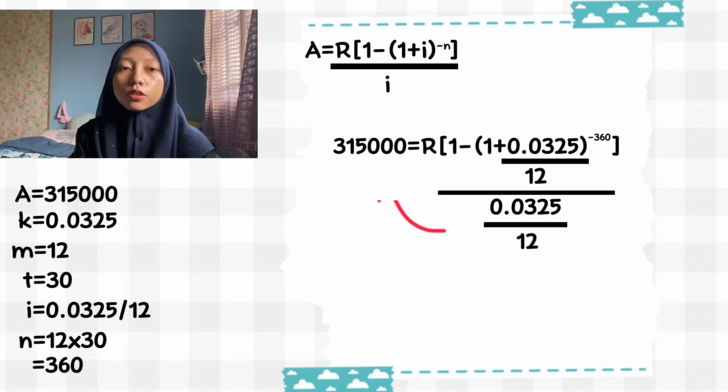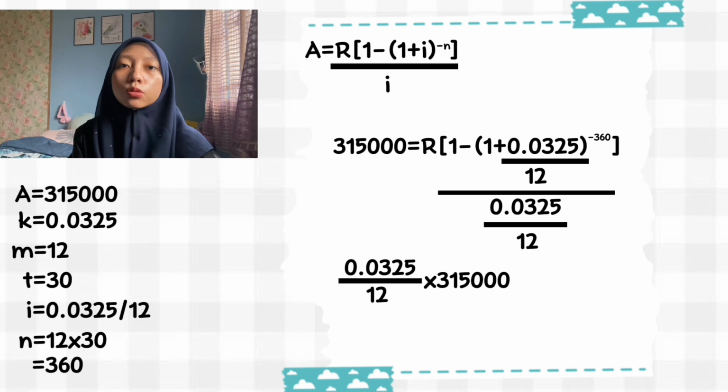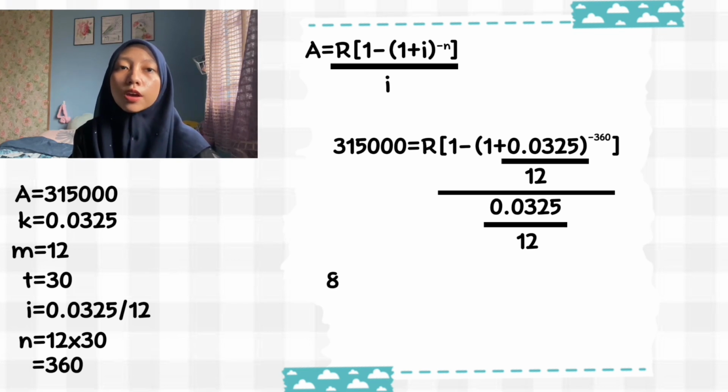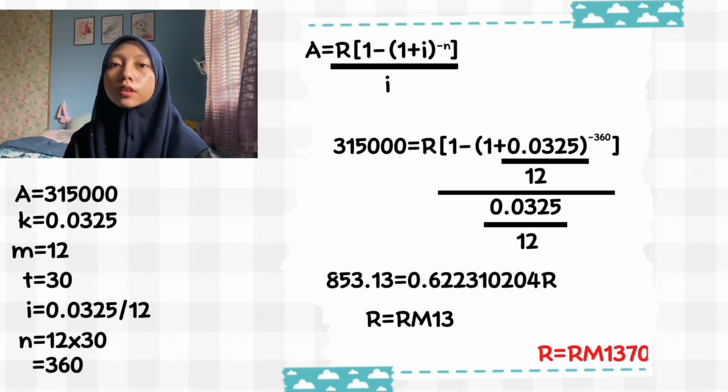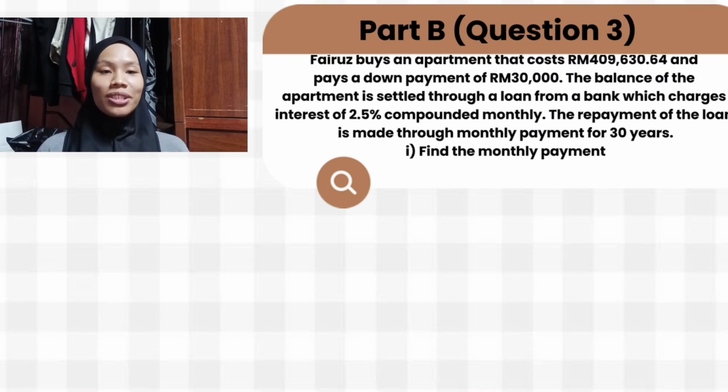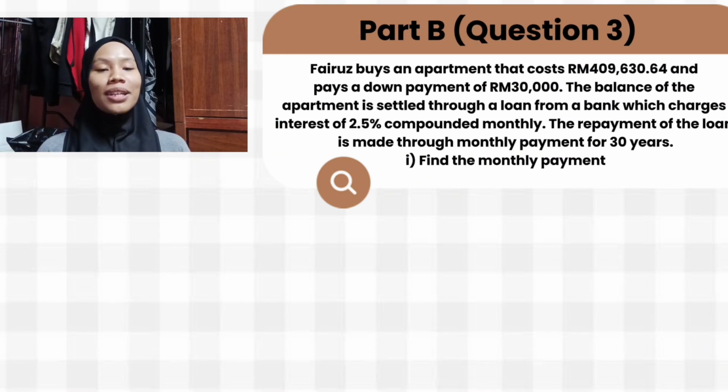The bottom side should be moved to the left and becomes 0.0325 over 12 multiplied by 315,000. So we got 853.13 equals 0.622310204 R. R is RM 1,370.96.